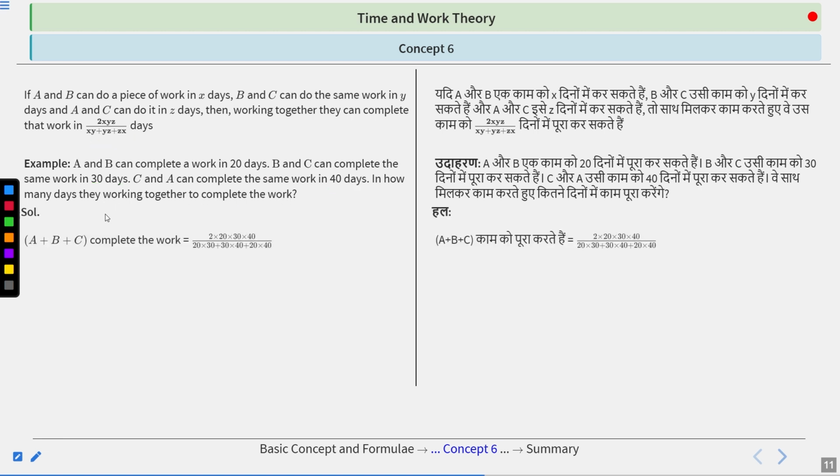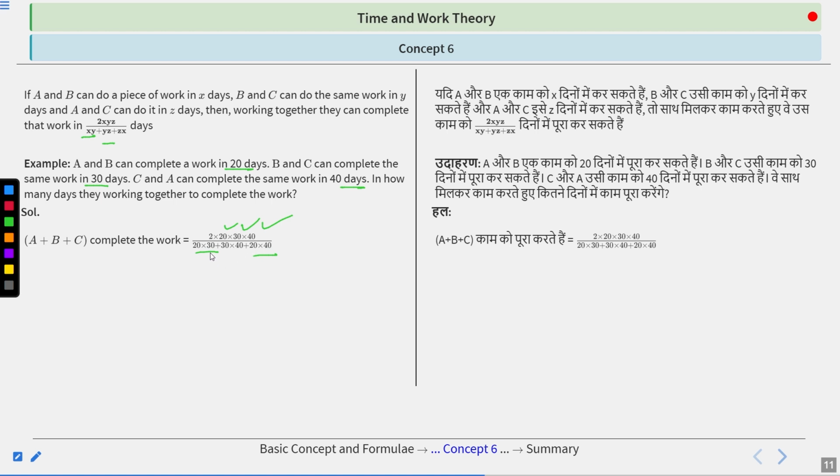Clear? So A, B and C together can complete the work in 2 into x into y into z. So x is 20, y is 30 and z is 40. So 2 into 20 into 30 into 40 upon 2 into 20 into 30, because of x into y in the formula. So y into z becomes 30 into 40 and z into x becomes 20 into 40.